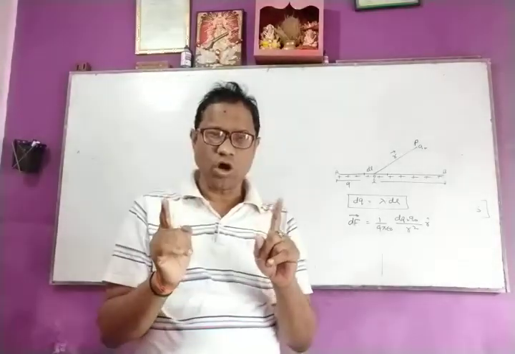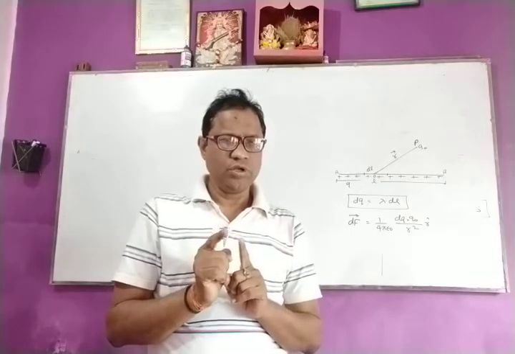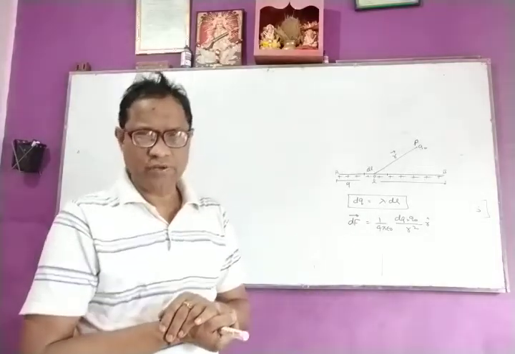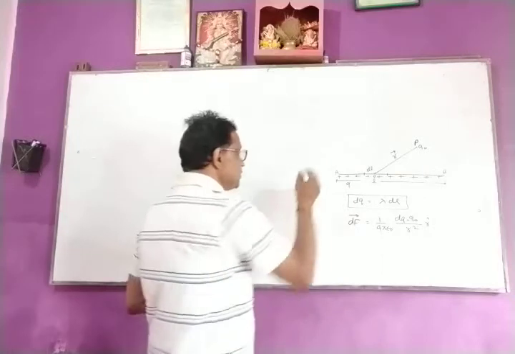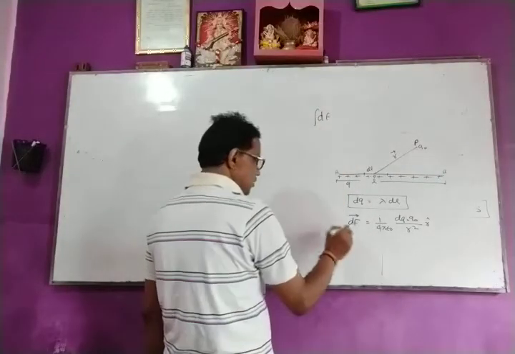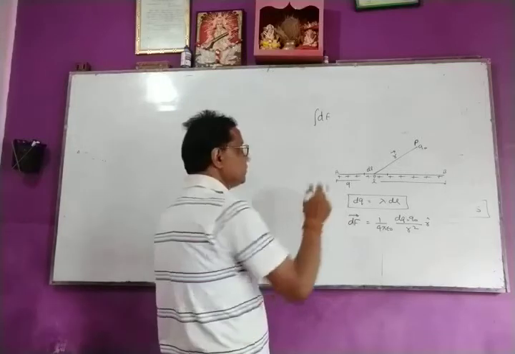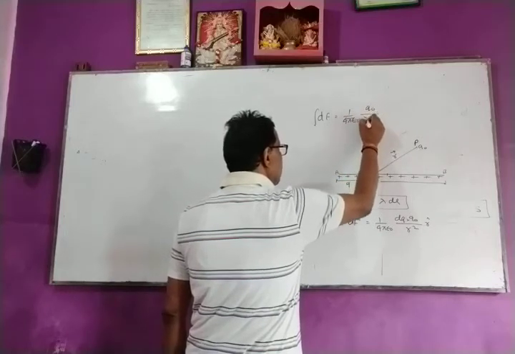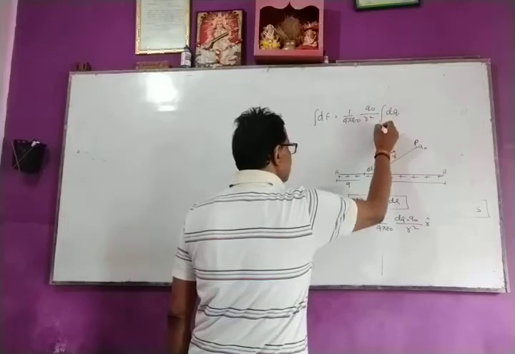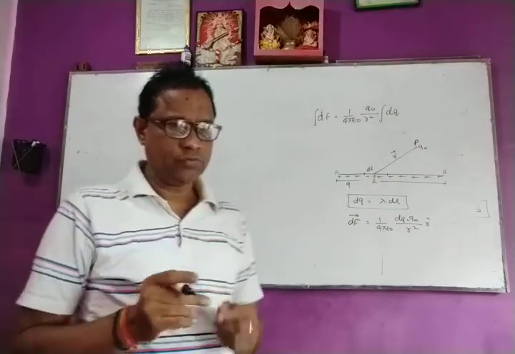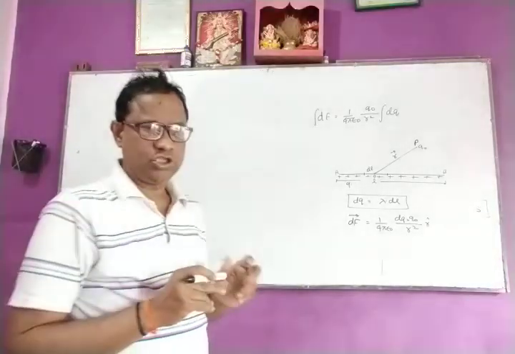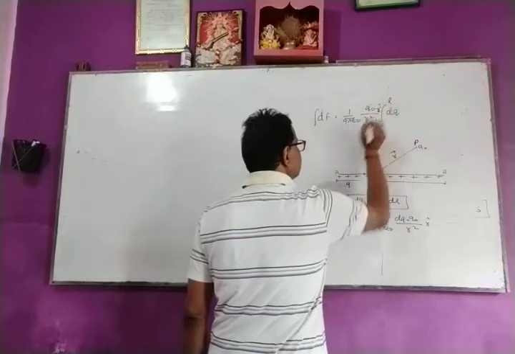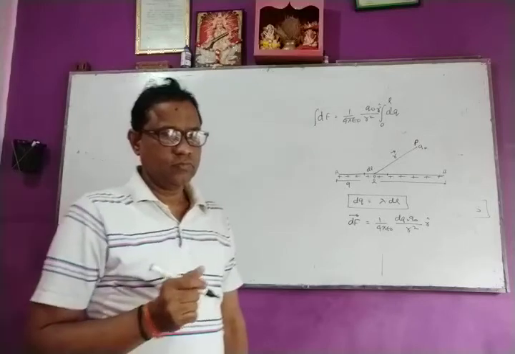Now the total force on the charge Q naught due to the charge on the whole wire AB is given by, so then F is equal to, when integrating this equation, dF is equal to 1 by 4 pi epsilon naught Q naught by R square into dq, its range 0 to L. Clear?